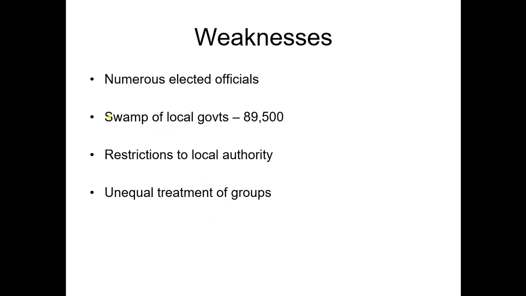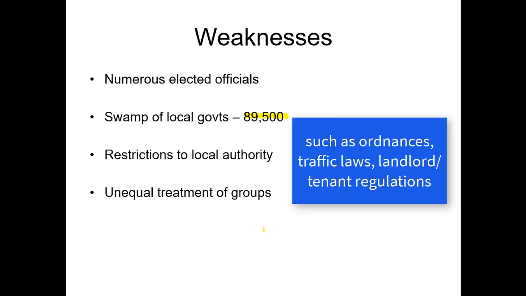As we'll look at in more detail later in the class, there are close to 90,000 cities and towns in the United States, and yet the local authorities are still subject to quite a few restrictions. So the basis of the law of the state is handled at the state level, and then certain things are handed down to the cities and municipalities to do, but there are numerous restrictions.